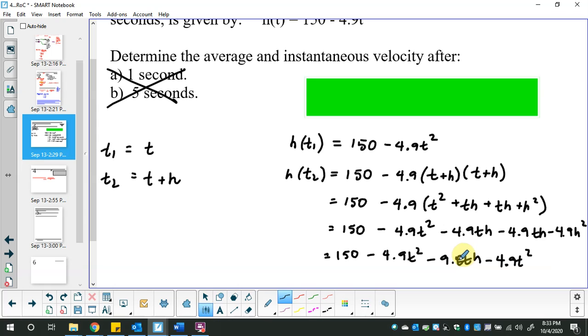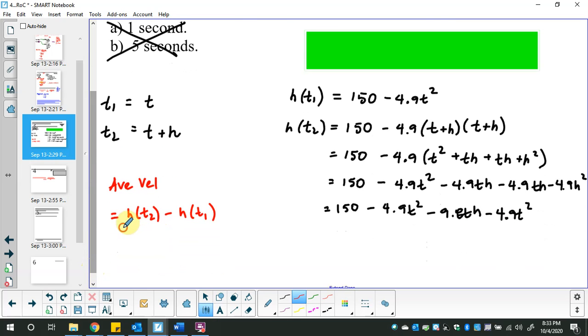No more like terms. So time for average velocity, first of all. The average velocity would normally be s at t2 minus s at t1. This time it's h's, so I should make an adjustment. The denominator will stay the same, T2 minus T1.